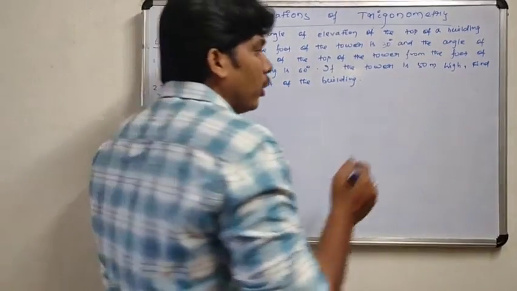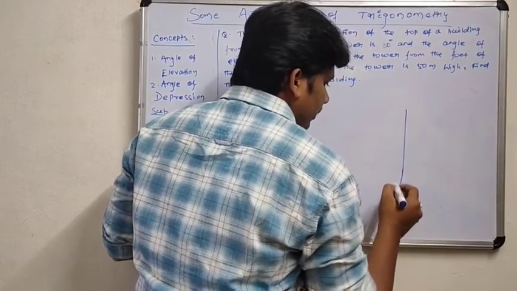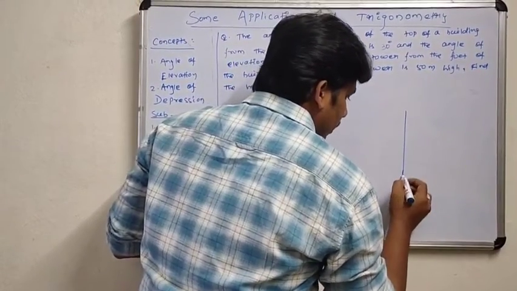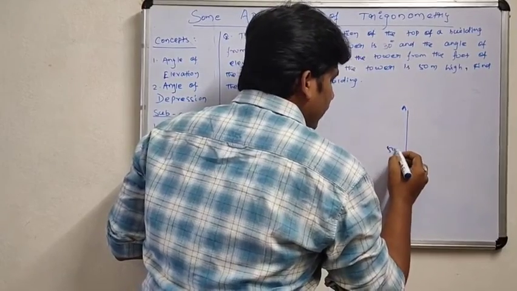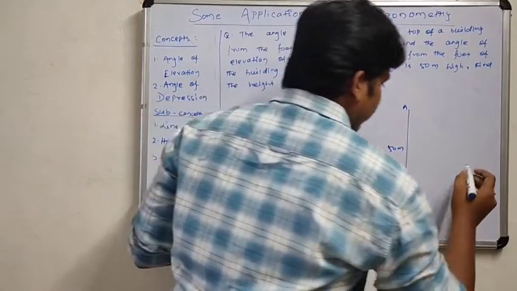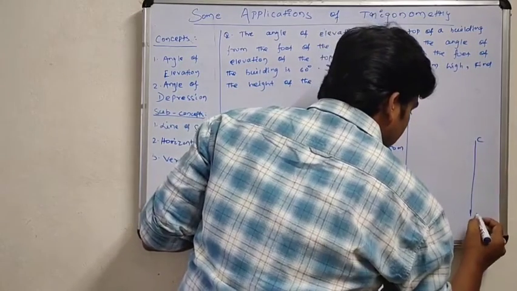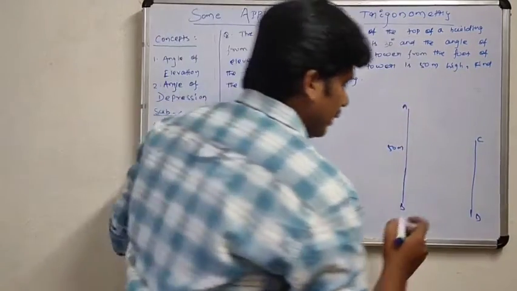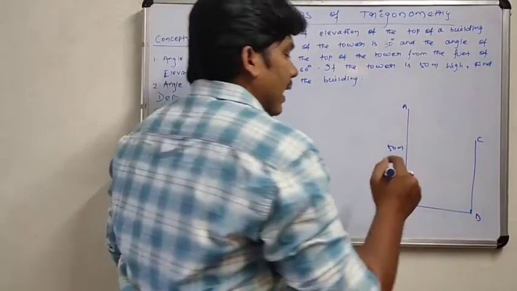Then I will draw a straight line, a larger length of 50 meters, as the height of the tower, and I will take CD as the height of the building, and I am joining these two feet.